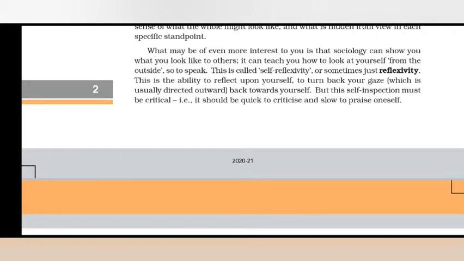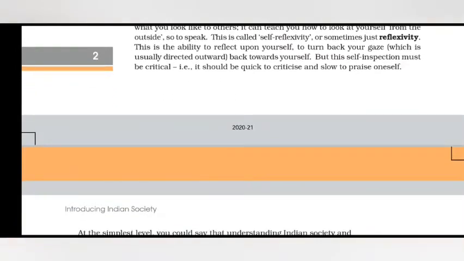This is the ability to reflect upon yourself, to turn back your gaze, which is usually directed outward, back towards yourself. But this self-inspection must be critical, that is, it should be quick to criticize and slow to praise oneself.